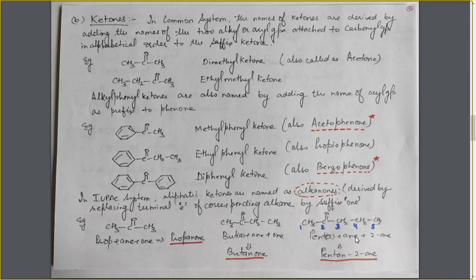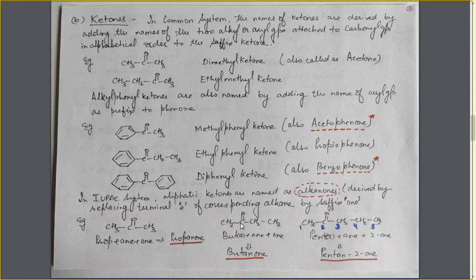Here also this e is neglected because of this vowel. Now the question arises, why have we not shown the position of the ketonic group here and here? Because in both cases there is no need to show the position of the ketonic group, because no other position is possible.